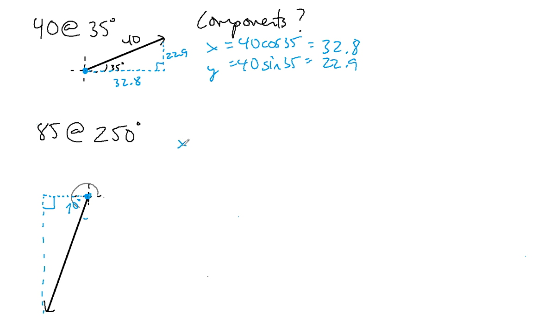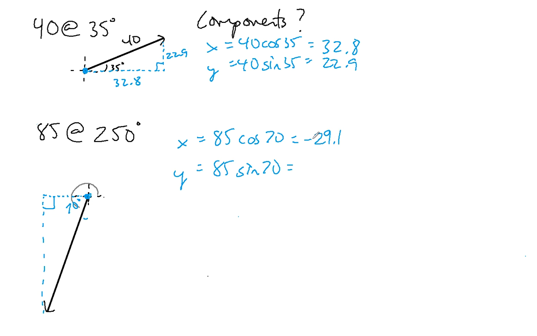So my x component and y component would be 85 cos 70 degrees and 85 sine 70 degrees. I do my 85 cos 70, and I get 29.1, and it is going to the left, so I'll make that negative.